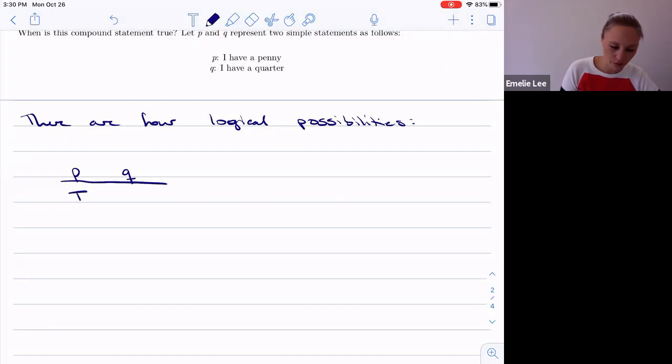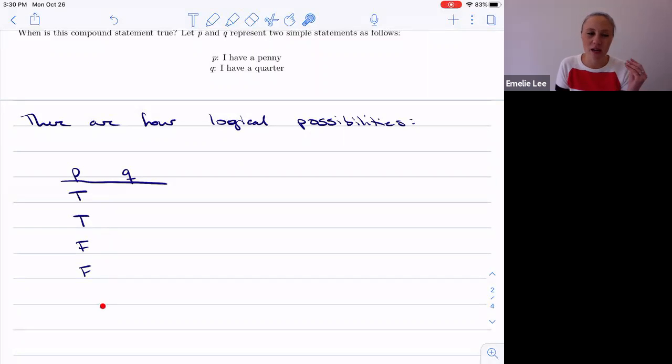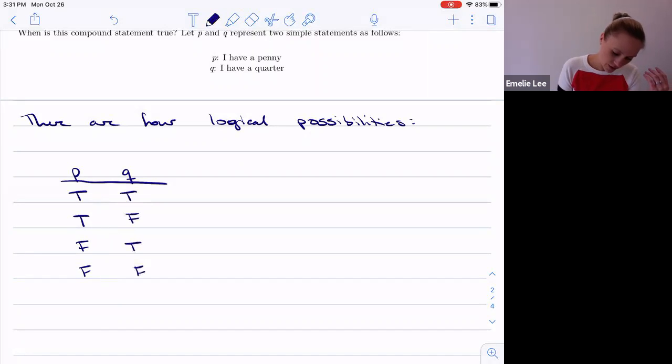P can be true, true, false, false. Now I'm doing just P because I want you to get in the habit of always doing them like this. It's hard to think about, okay, well, what are my possible combinations here? If you always just have true, true, false, false for P, and then true, false, true, false for Q, you will have all the possible outcomes, right?